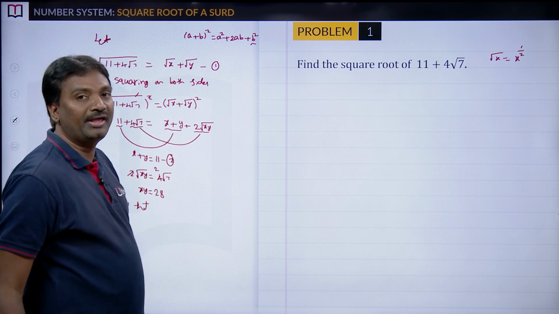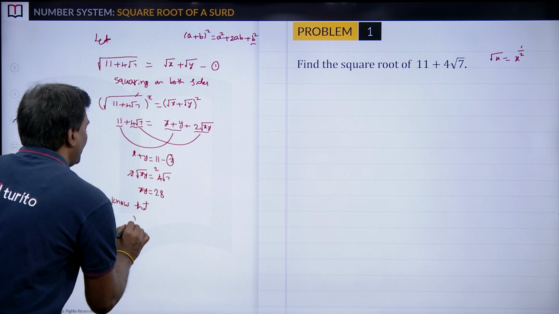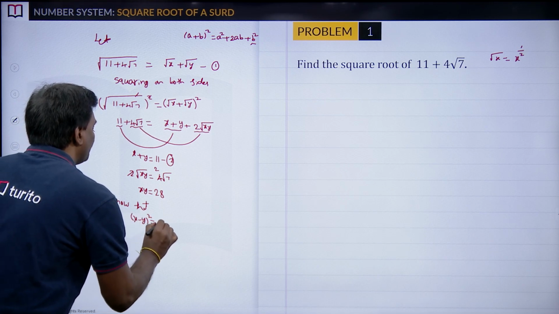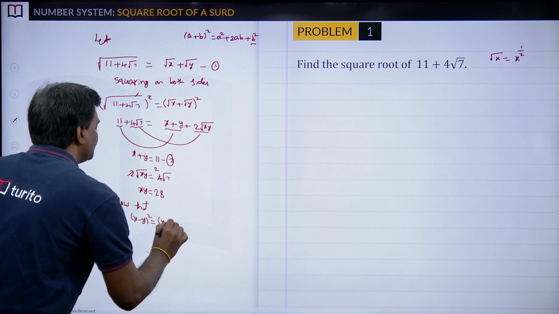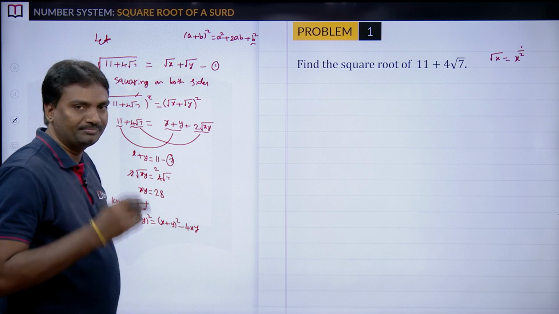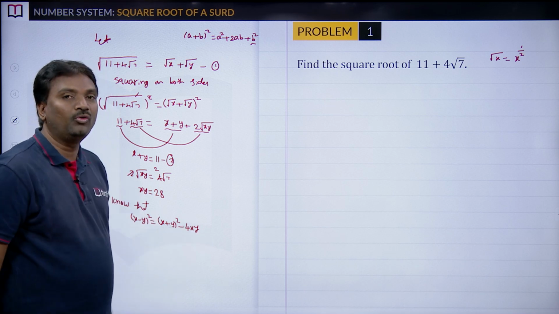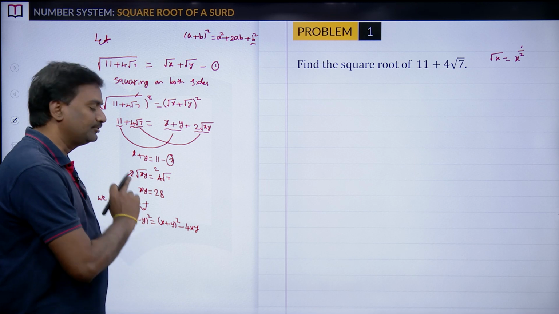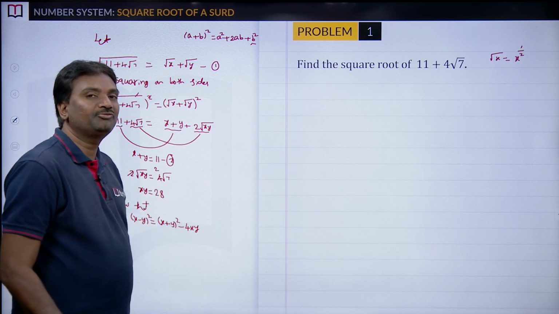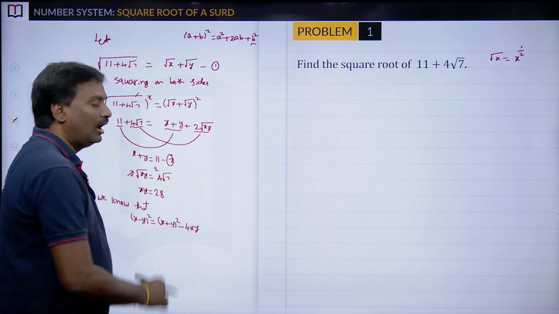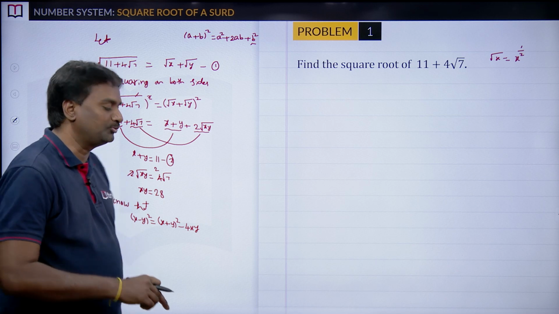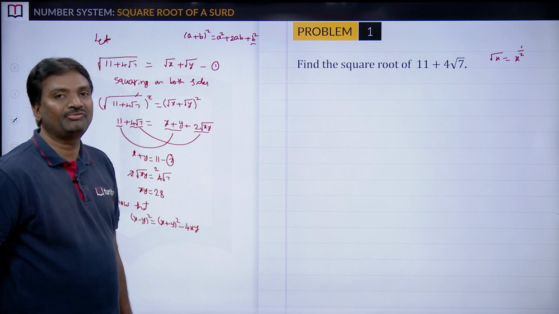By expanding x plus y whole square, how can you write? x square plus y square plus 2xy, minus 4xy, minus 2xy. The RHS is x square plus y square minus 2xy, that is nothing but x minus y whole square only.